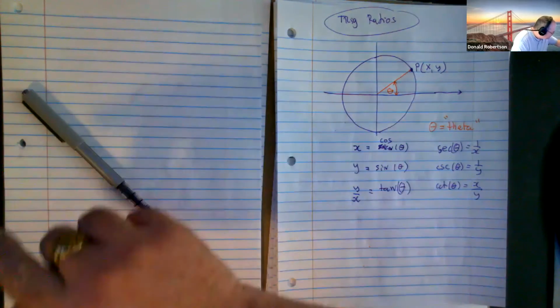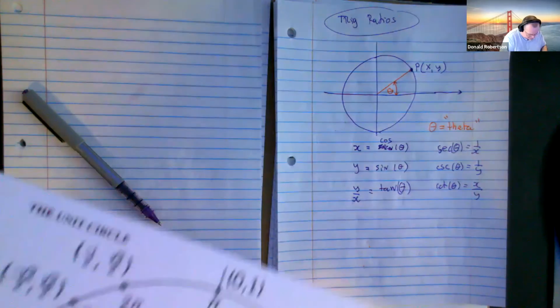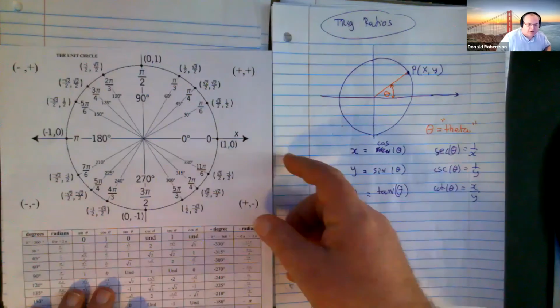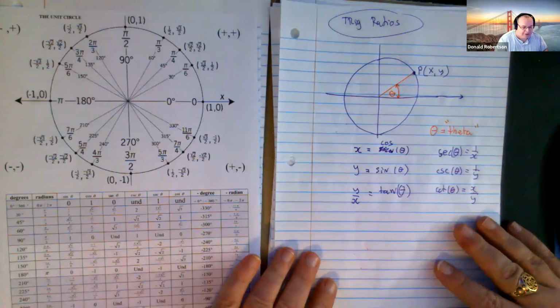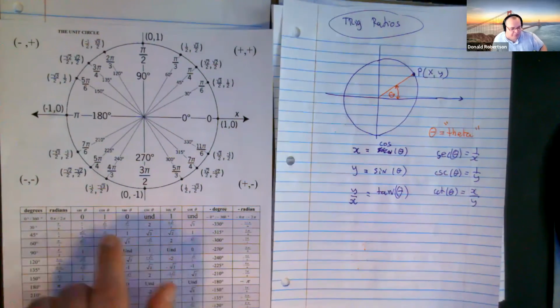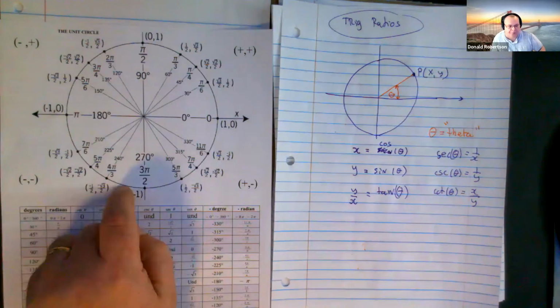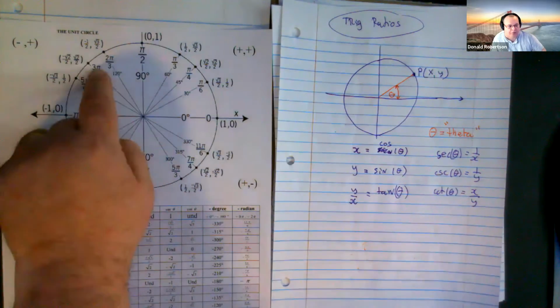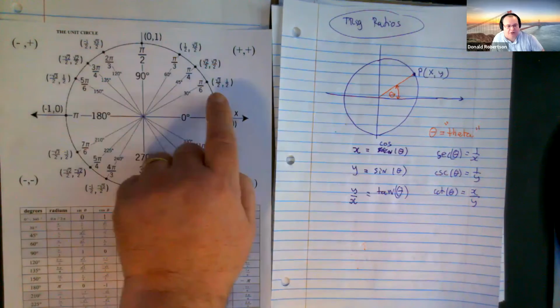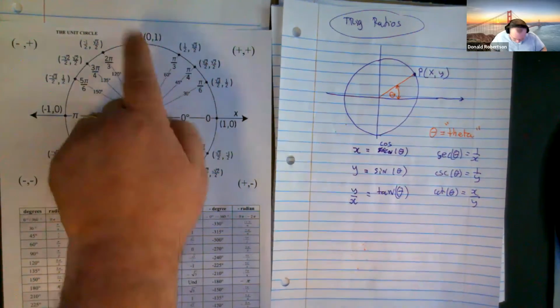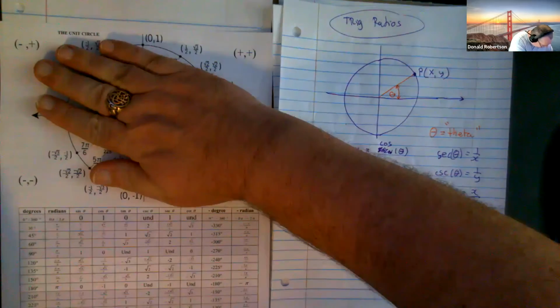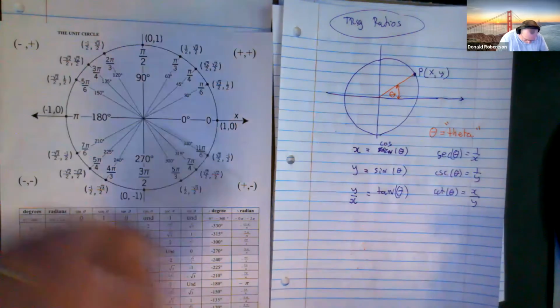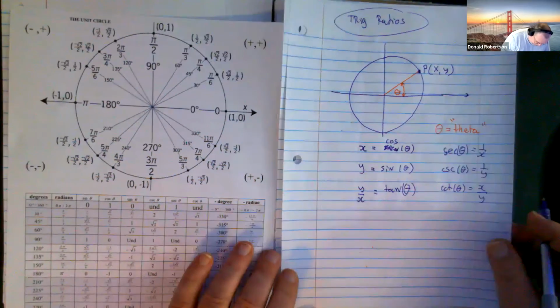I have here a unit circle, and on that unit circle we've got the key angles, and here are all the terminal points. So if you've got this in front of you, you can actually find the sine, cosine, tangent of anything you like.